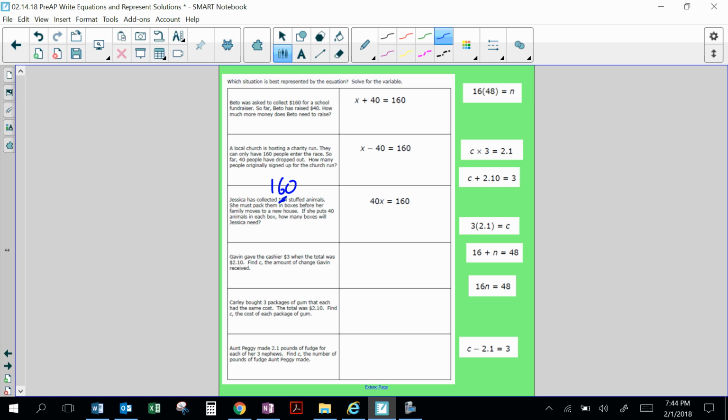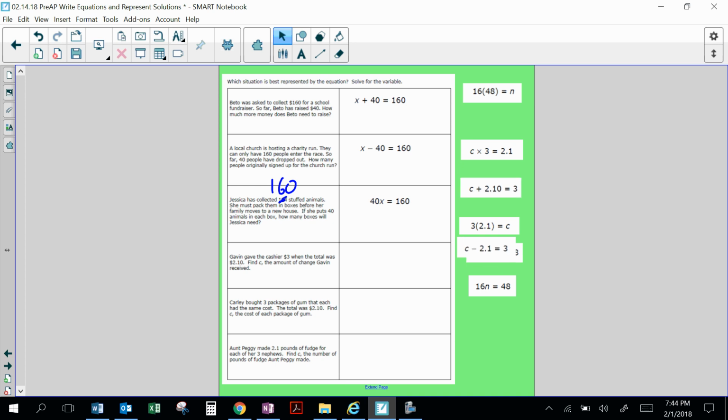Gavin gave the cashier $3 when the total bill was $2.10. Find the change, the amount of money Gavin received. Let's see. It's either going to be this one or this one. The cash, the amount of money, or is it this one?